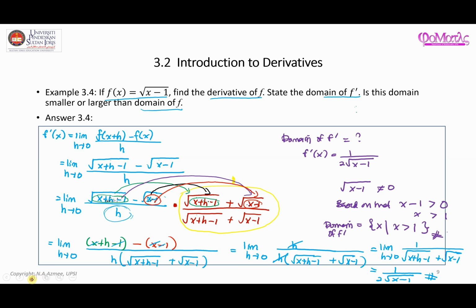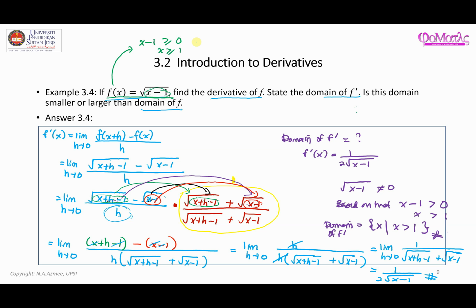Now if you compare this with the domain for f of x, clearly x minus 1 can be greater than or equal to 0, and so x is greater than or equal to 1. Because if x is equal to 1, 1 minus 1 is 0, the square root of 0 is 0, so we have no issue with that, as long as the inside here is greater than or equal to 0.